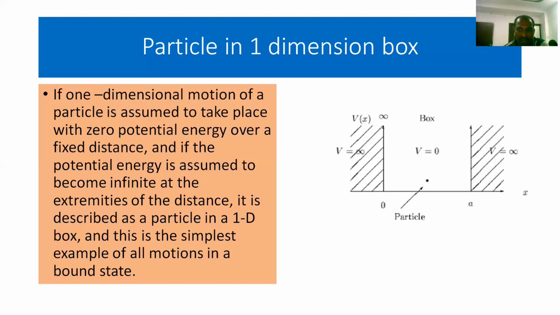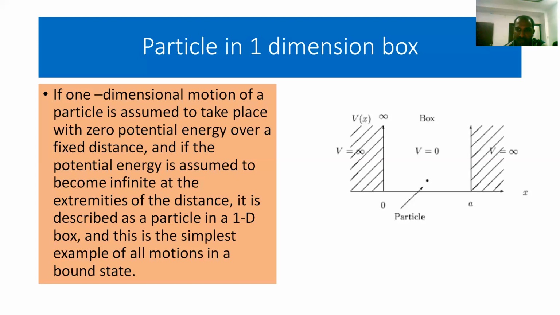Therefore, here the boundary conditions for the particle moving inside the potential box are x equals 0 and x equals a, because a is the width of the potential box. And during such movement inside the potential box, if the particle collides with the walls of the potential box, such collisions are considered perfectly elastic collisions. As a result, nothing will be exchanged between those two.